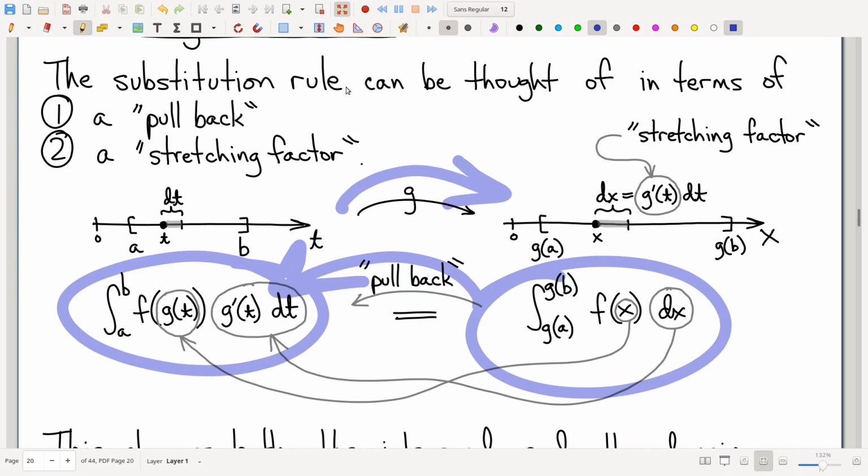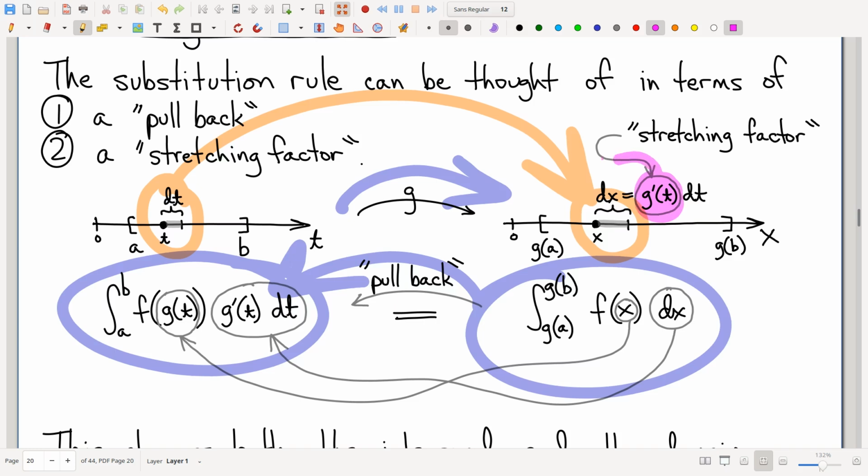It's important to observe. The other important thing to observe is that when you push a subinterval, I'll do this in orange, when you push a subinterval forward, it's going to be all distorted, of course, by the g function itself. And in so doing, it's going to be stretched out to become bigger.